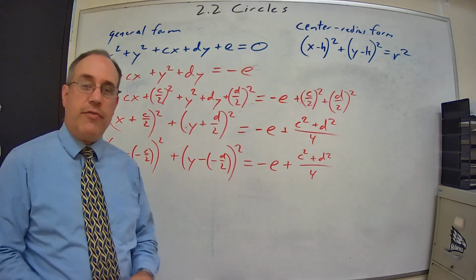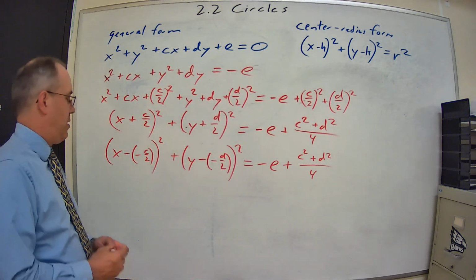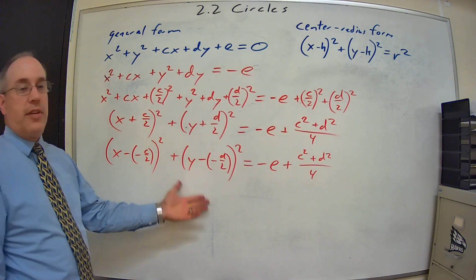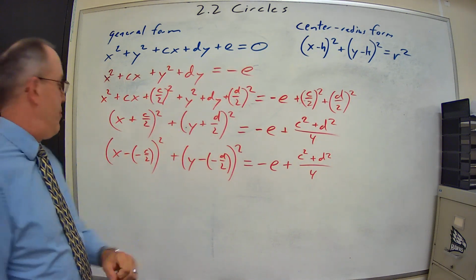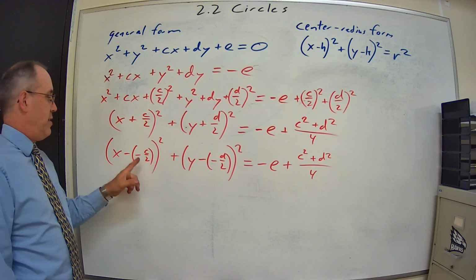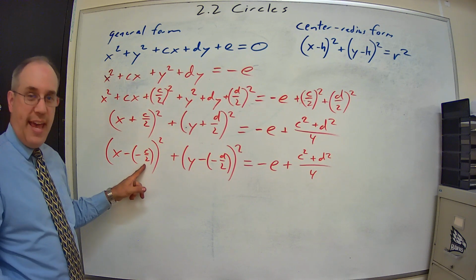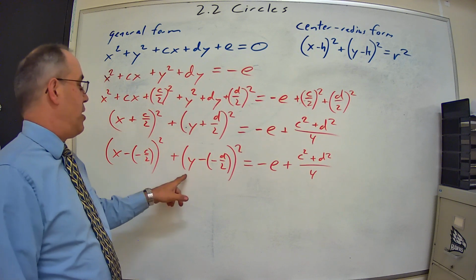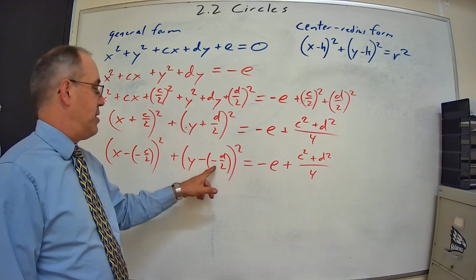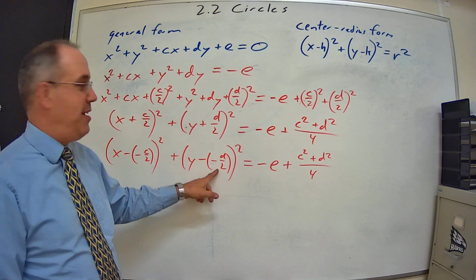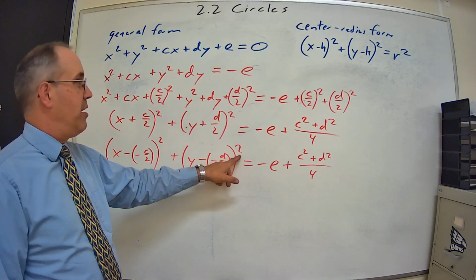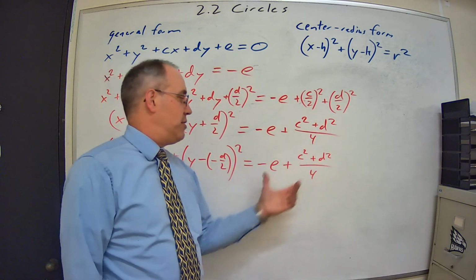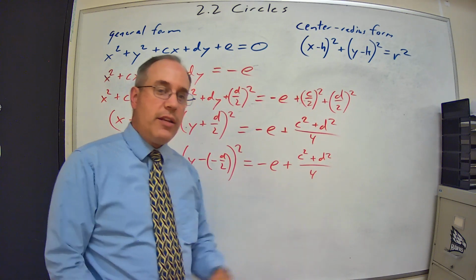And now what I have done is I have just put this into center radius form. x minus some value h squared plus y minus some value k squared is equal to r squared, but I'm not going to call it r squared.